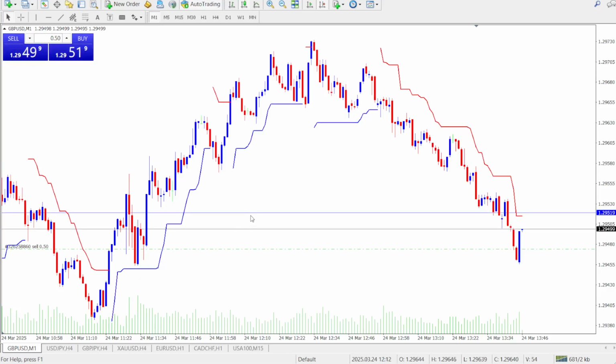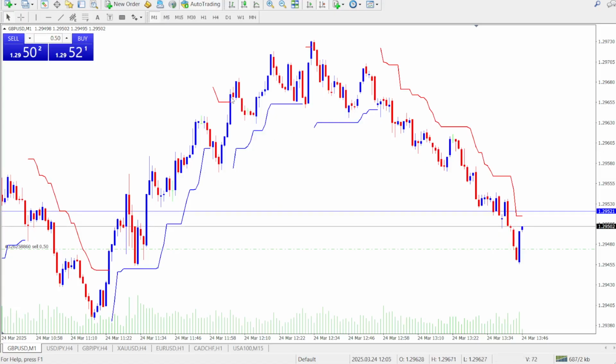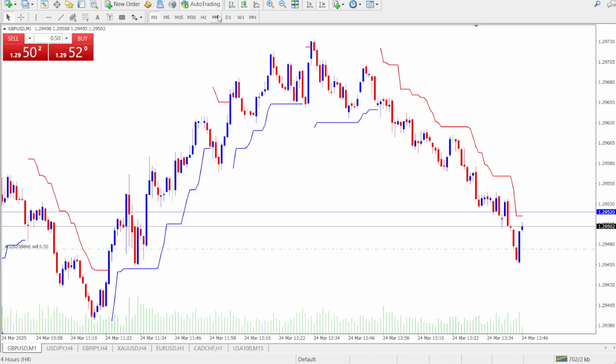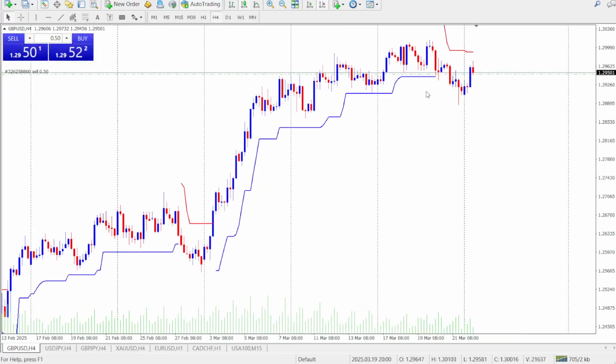Then your take profits can be at resistance zones for your buy trade, or perhaps when the red line appears, while for your sell trade, your take profit can be at support zones, or perhaps when the blue line appears.